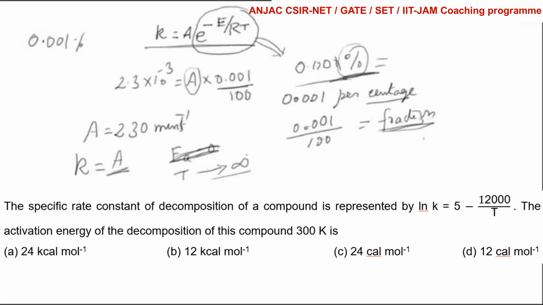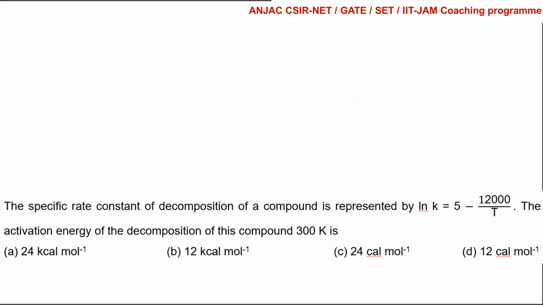The specific rate constant, you know what the specific rate constant is, of decomposition of a compound is represented by log k is equal to 5 minus 12,000 by T.